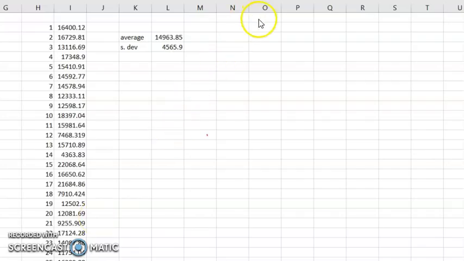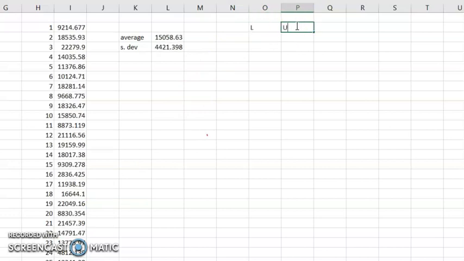Let's generate a random number between our intended ranges.